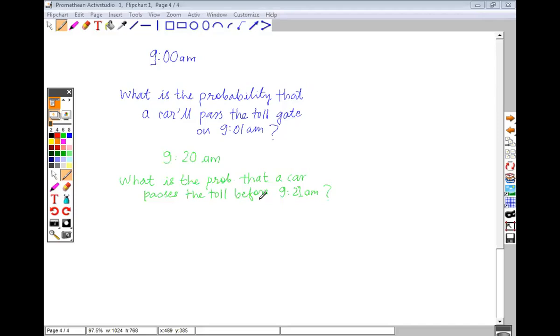Does anyone have any idea of what those two assumptions could be? Something about the events, right?